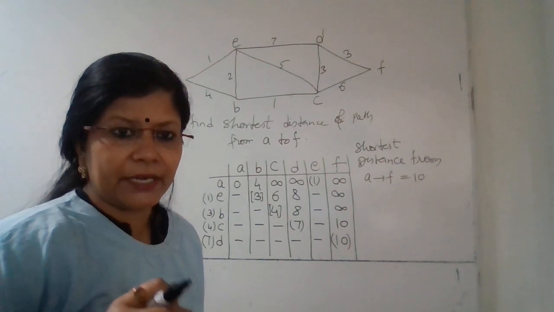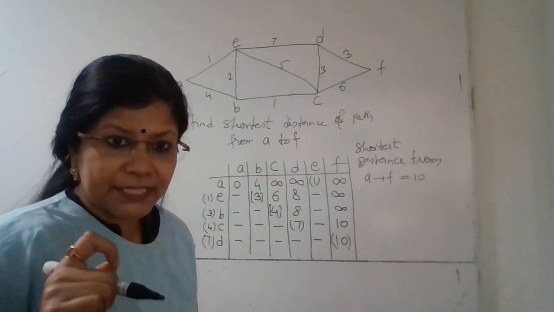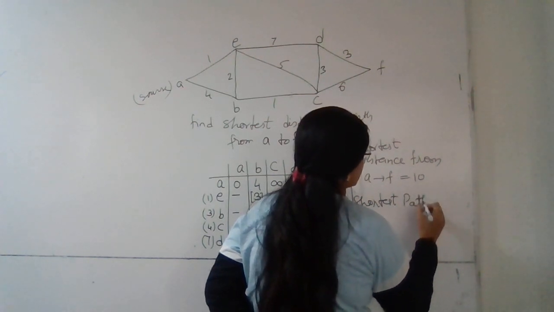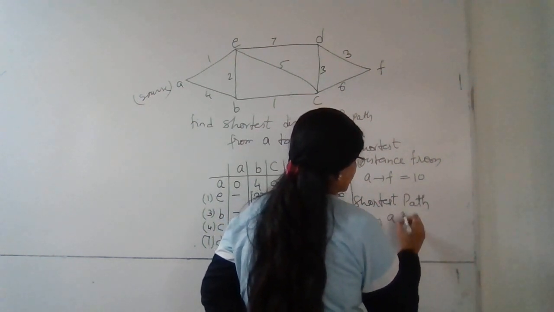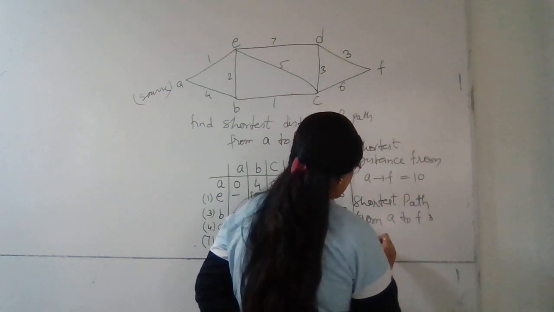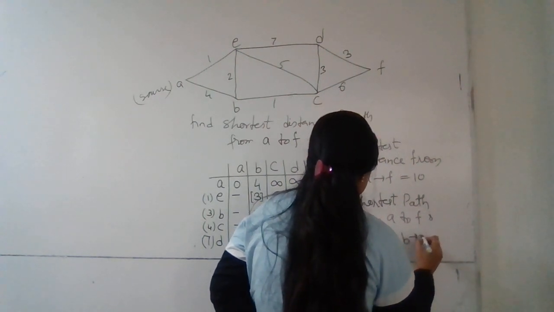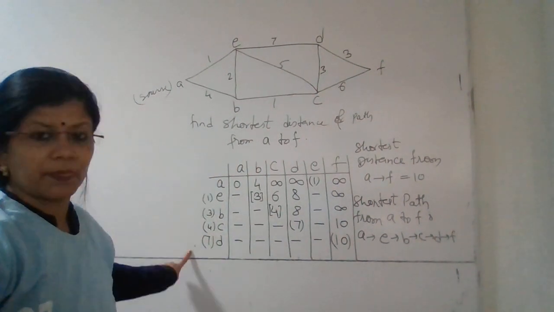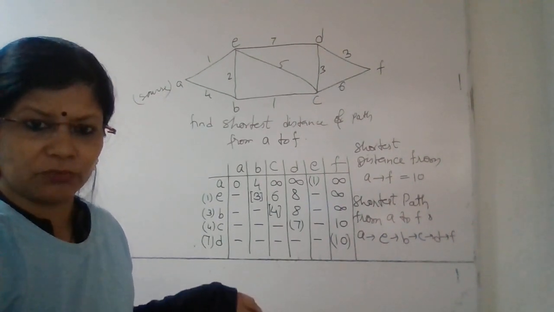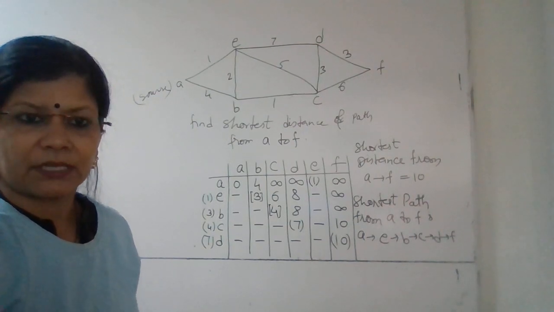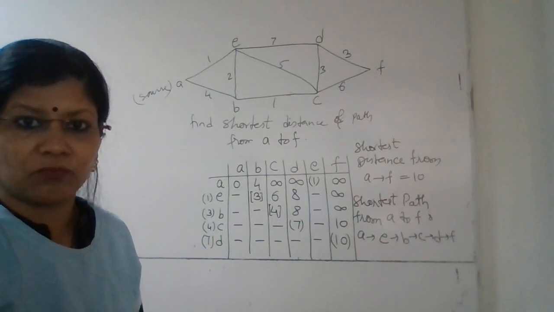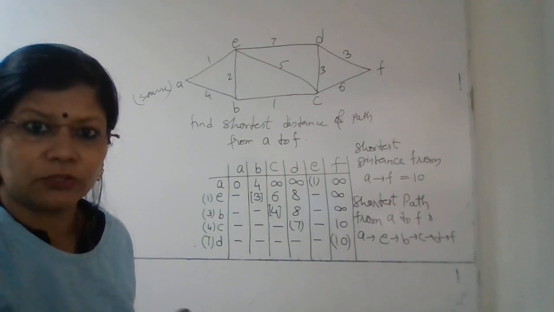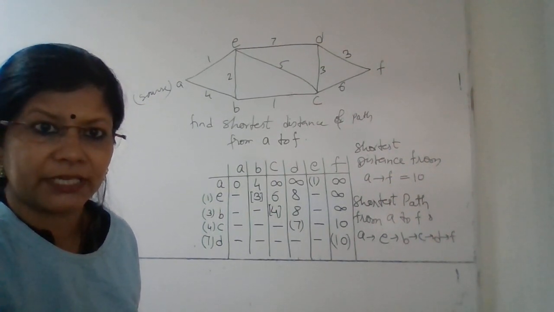The minimum distance from A to F is 10, and the shortest path is this: A to E, E to B, B to C, C to D and D to F. A to E is 1 value, E to B 2, B to C 1, C to D 3 and D to F 3.